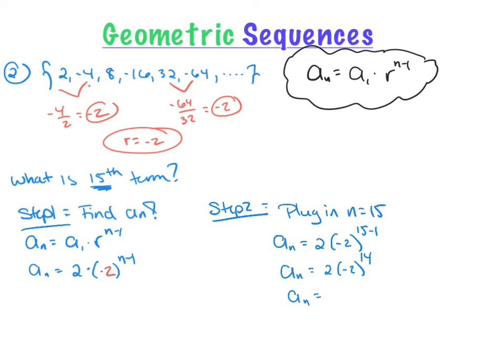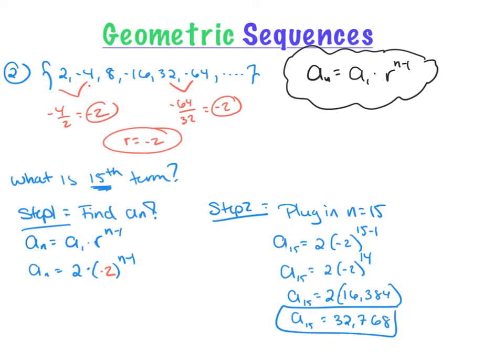So negative 2 to the 14th power is going to be a positive 16,384 because 14 is even. And then times that last 2. Whoops, I'm writing a sub n's. I need to fix that. These should be n is equal to 15. Let's get that right. So the 15th term when n equals 15. And 2 times 16,384 is 32,768.